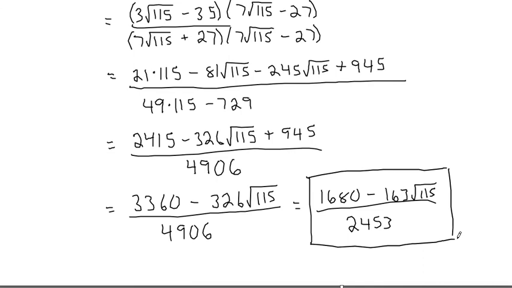So because the square root of 2,453 is 49.5, I technically would have to check all the way up to that to verify for sure, but I'm just going to assume that this is fully simplified.